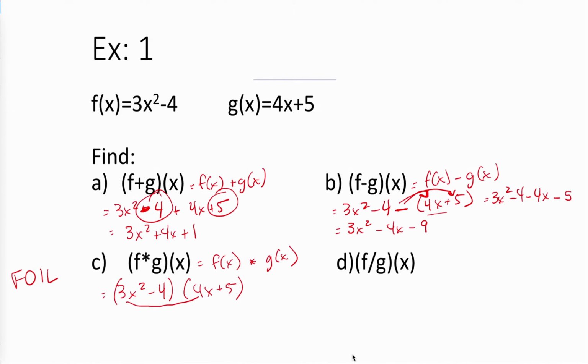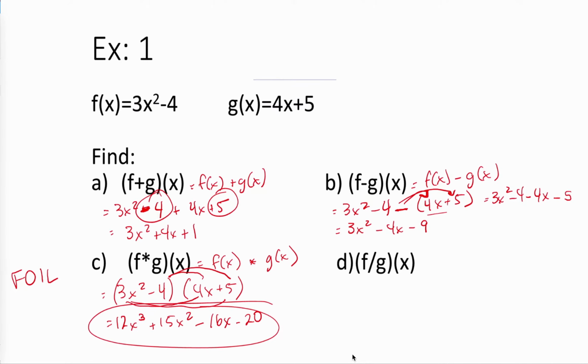So we're going to multiply the first terms. That's going to be 12x cubed. We're going to multiply the outer terms. That's 15x squared. Inner terms is minus 16x. And the last terms is minus 20. And here we don't have any like terms, so there's nothing to combine. This is our final answer.